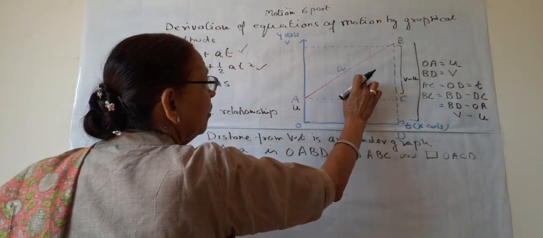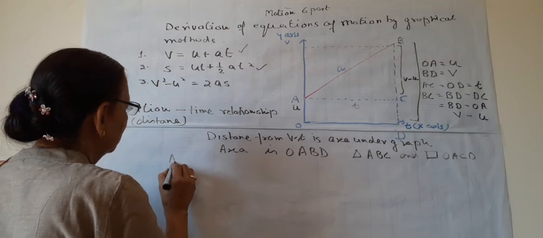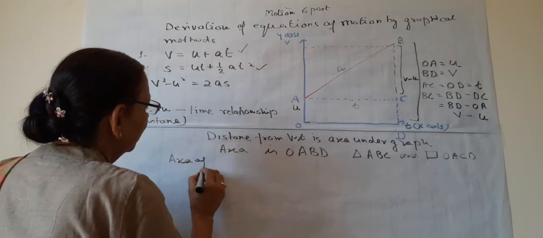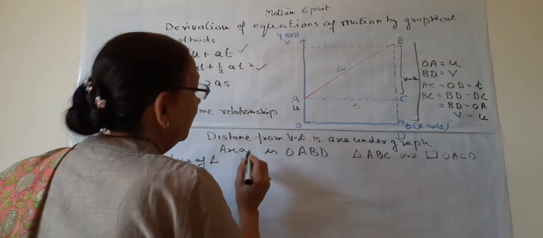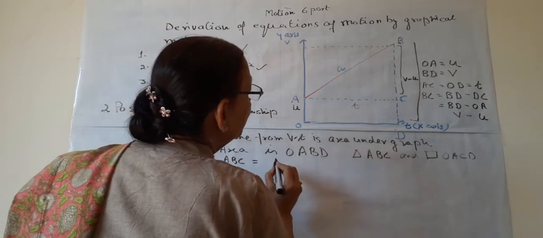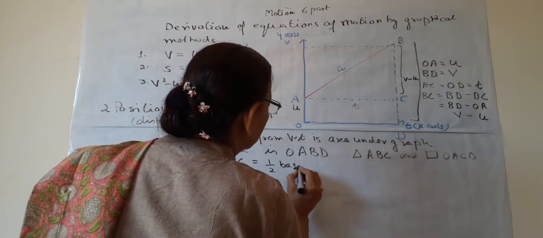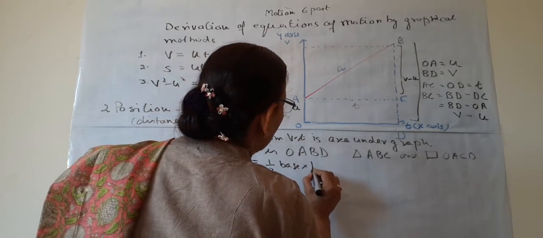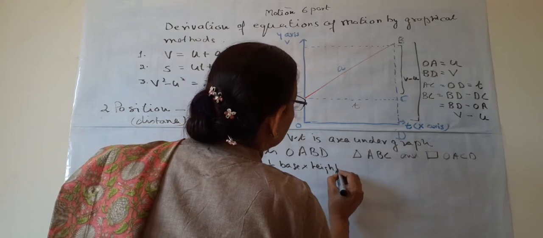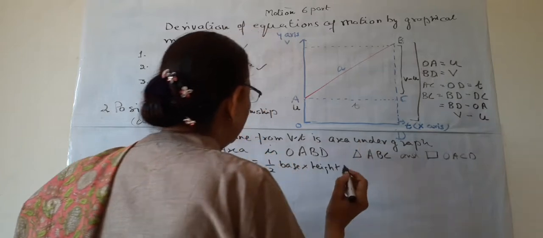Now we will calculate the area of this triangle. Area of triangle ABC is equal to half base into height.